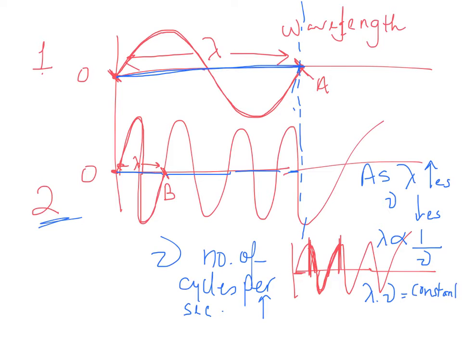And if the wave is an electromagnetic wave or radiation, then that constant has a value of 3 times 10 to the power of 8 meters per second, which is the velocity of light that you can perhaps recall from general chemistry 1.